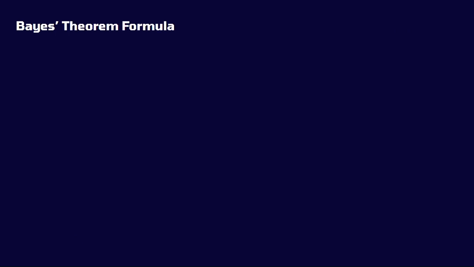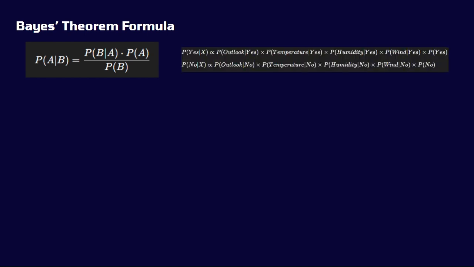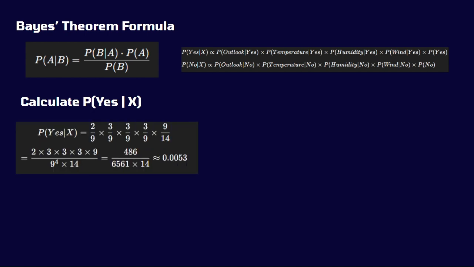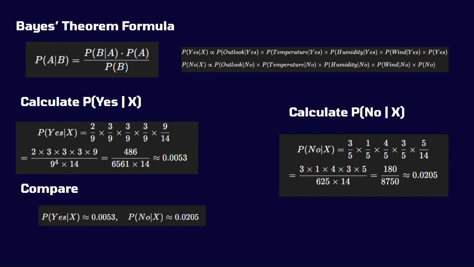Next, with the help of Bayes theorem, that is P(A|B) = P(B|A) × P(A) / P(B), we will calculate P(yes) and P(no). First we calculate P(yes), which is equal to 0.0053, and we calculate P(no), which is equal to 0.025205, and we compare both values.